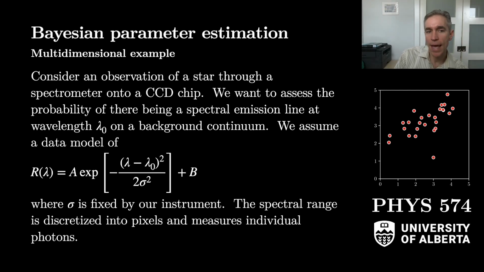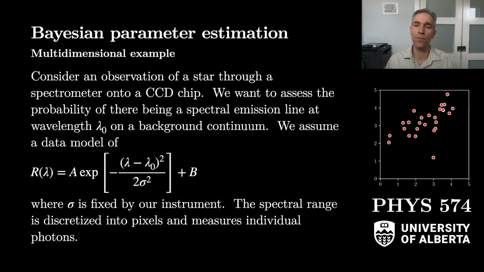We want to estimate whether there is a spectral emission line at a known wavelength on top of a star's background continuum. So we will assume that the line is in emission, and that it's sitting on top of a stellar continuum.